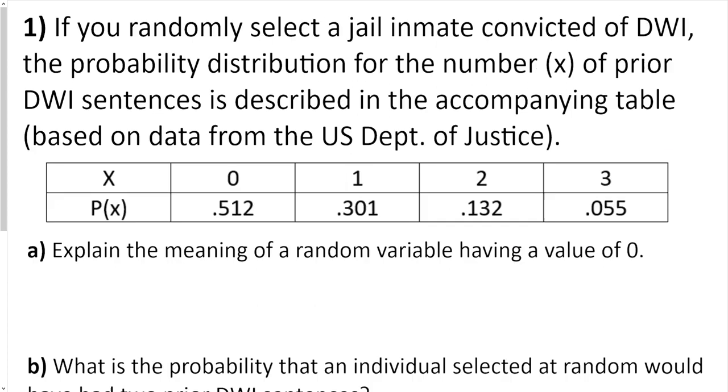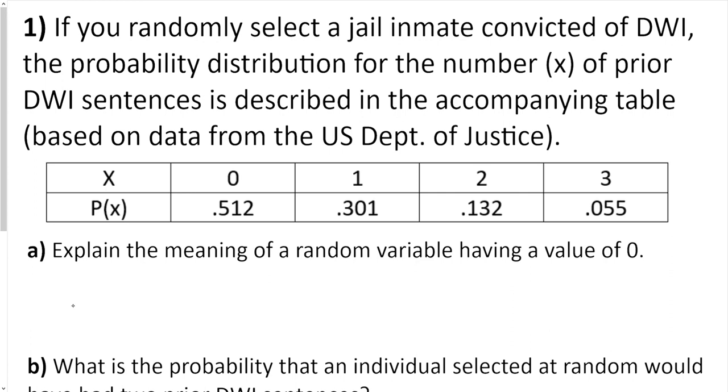So let's look at a couple examples of either using or creating these probability distributions. Number 1 says: if you randomly select a jail inmate convicted of a DWI, the probability distribution for the number of prior DWIs is listed in the table. So X is the number of prior DWIs they've had before getting convicted. Part A says explain the meaning of the random variable of 0.